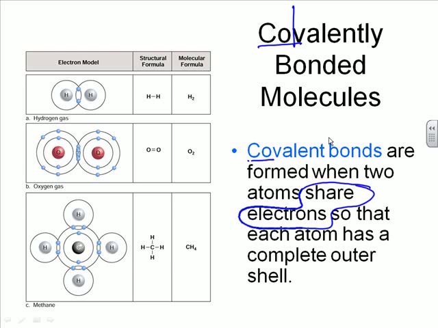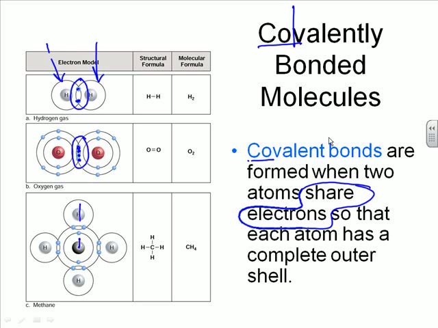Now, sharing is represented slightly different. You'll notice that because these are sharing, we have taken their valence electron shells and we've overlapped them. And we're showing how many electrons we're sharing. In the case of hydrogen, they're going to share 2 electrons. Notice here at oxygen, we're going to share 4 electrons. Look at the sharing here.